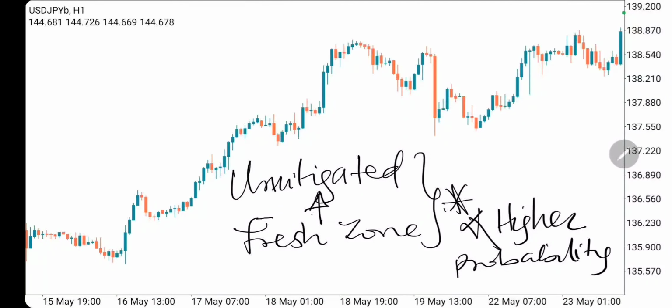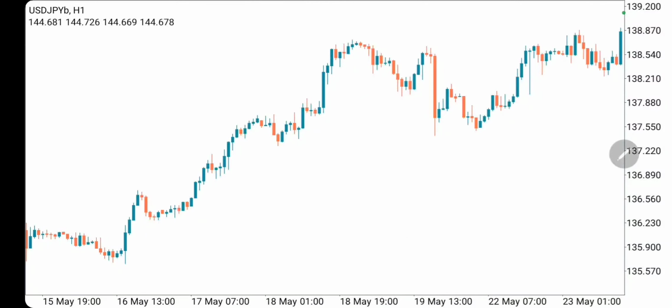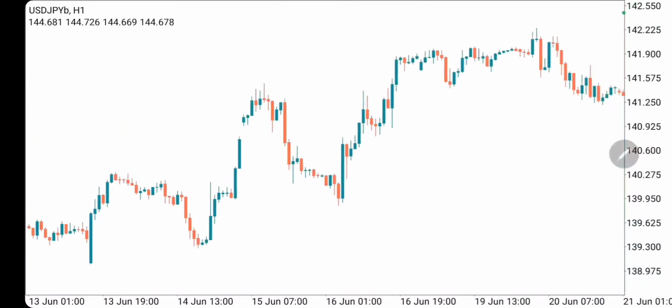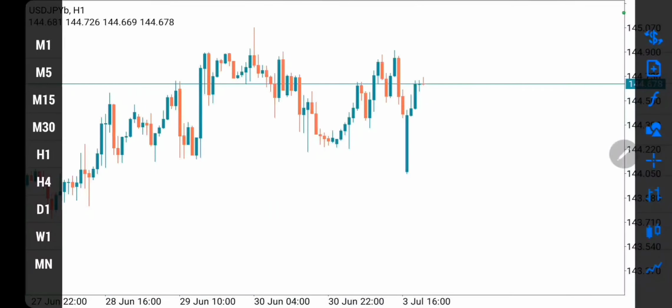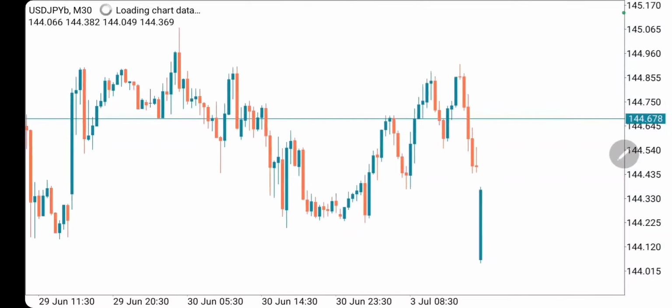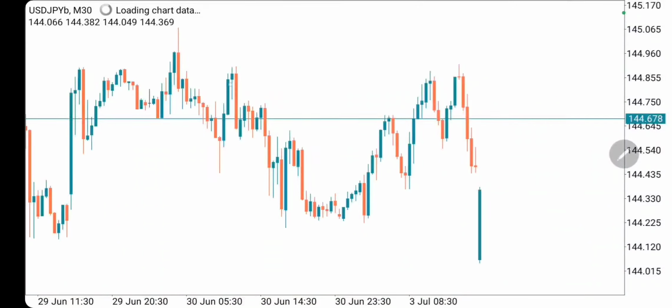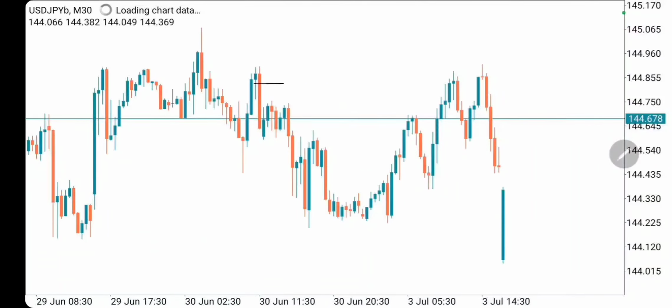I have a free Telegram channel whereby I post chart analysis daily. For example, today I posted this USD JPY. This morning I identified this zone, and I said that price was going to sell from this zone.